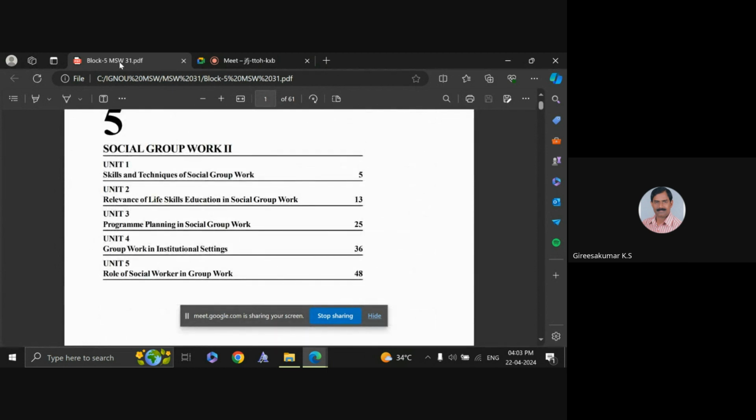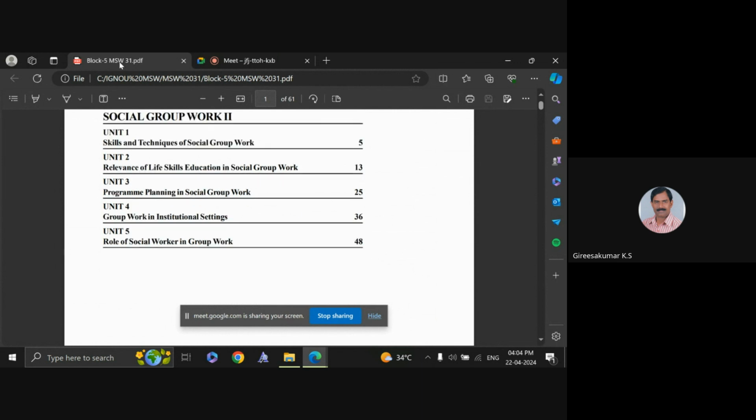Unit 2, relevance of life skills, education, social group work. Program planning in social group work. Group work in institutional role settings. Role of social worker in group work. These are the 5 units.